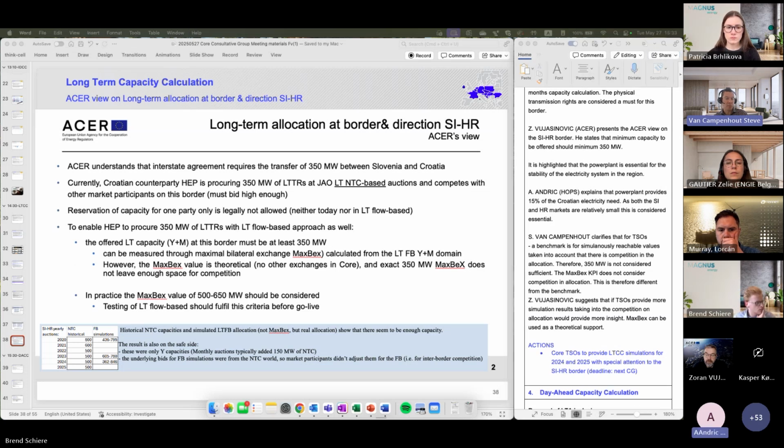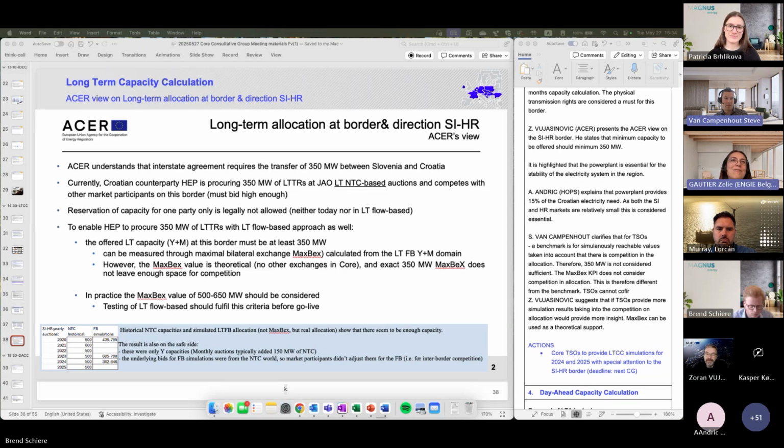Allocation simulations are performed using historical bids or normalized bids, but we would not be in a position to claim that this is the exact bidding behavior that the market will display on the flow-based allocation. So I think that any simulations that come along with allocation will come with this disclaimer. I see Zeli also nodding here.